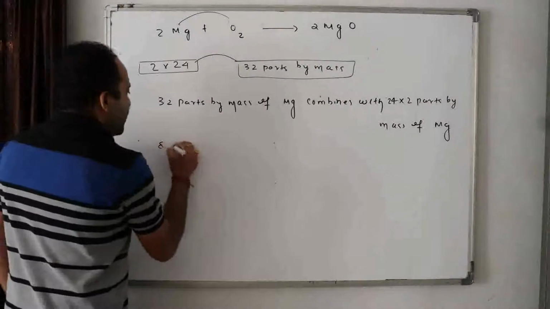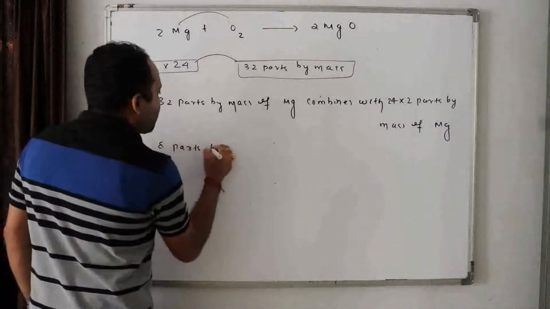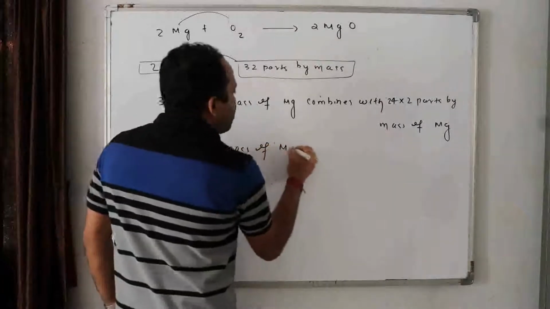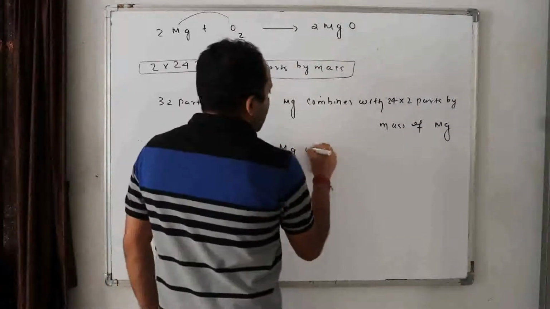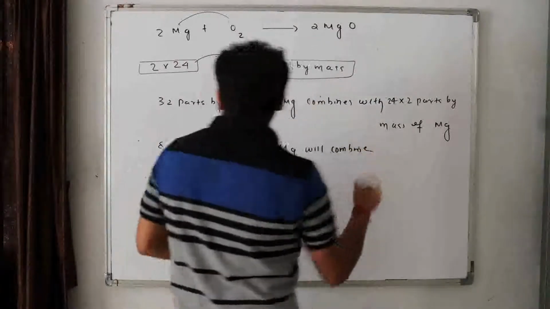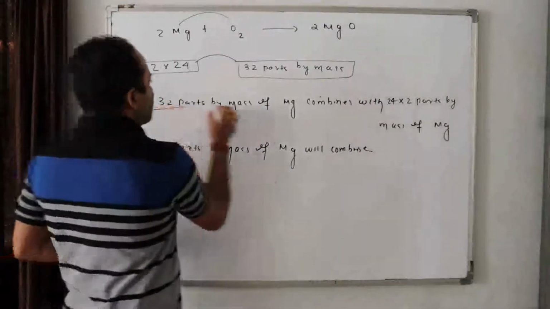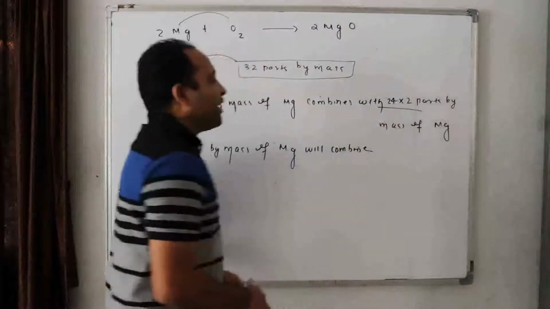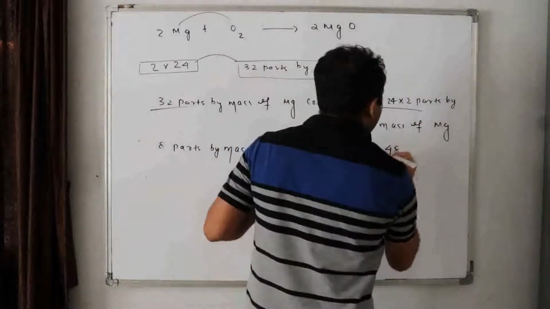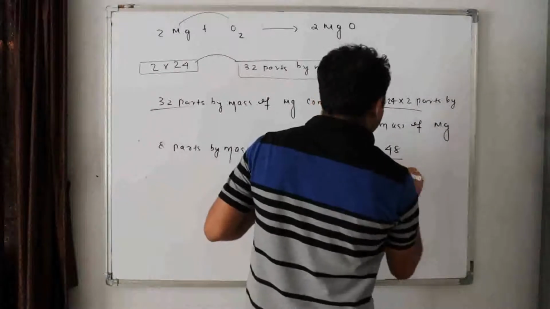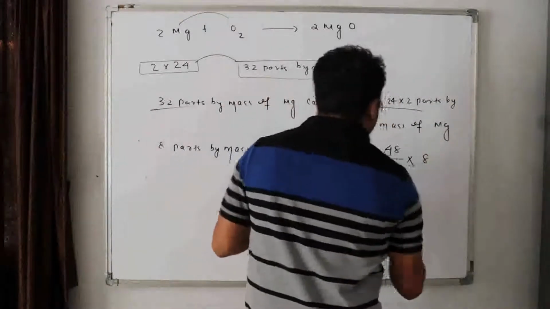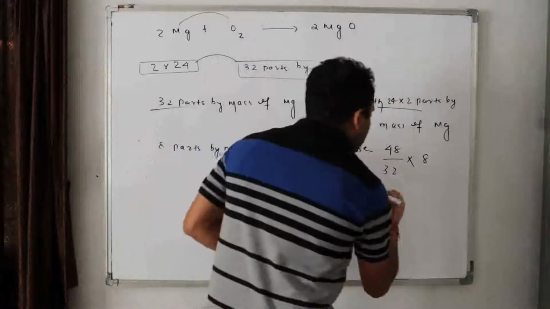Now 8 parts by mass of oxygen will combine with, look here, 32 parts combines with 24 into 2, that is 48 parts. 8 parts will combine with 48 by 32 into 8. Say yes or no? 12.